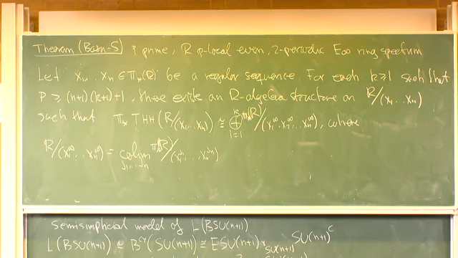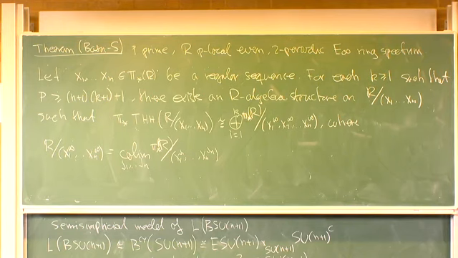So I use another model of the n-simplex given by coordinates t_0 up to t_n in R^{n+1}, such that they lie on a hyperplane t_0 plus up to t_n is equal to 0. And then there are some inequalities: t_0 is less than or equal to t_1, less than or equal to t_n, less than or equal to t_0 plus 1. And this we can map into the maximal torus simply by doing the obvious thing.